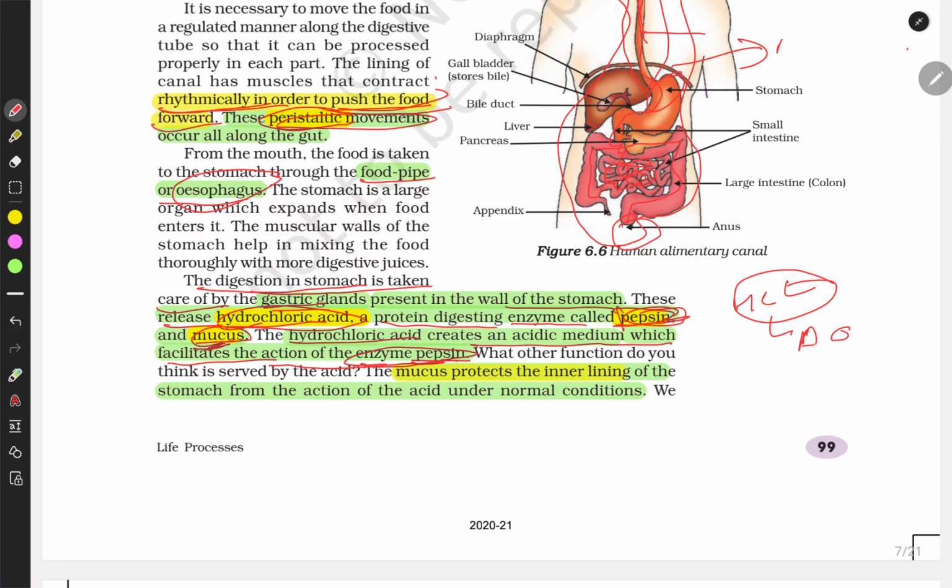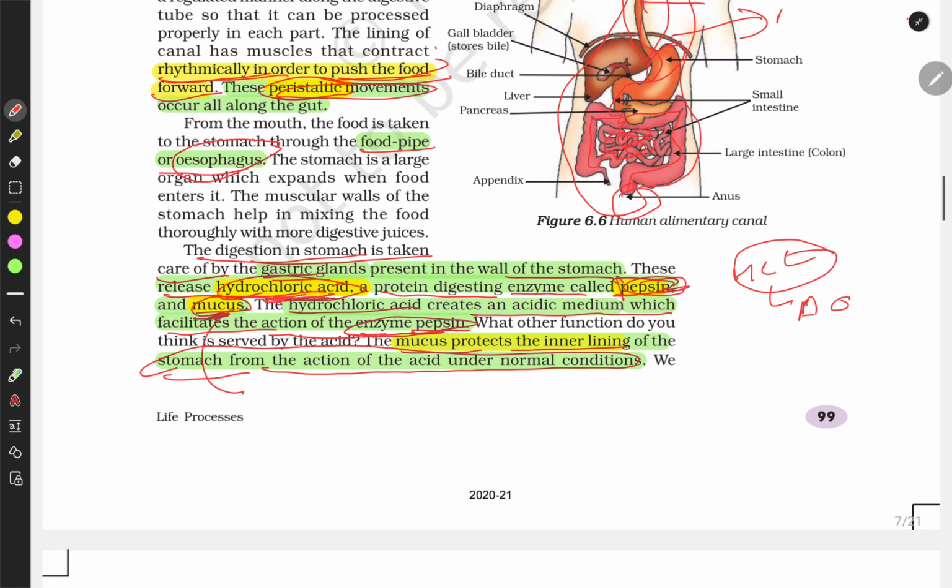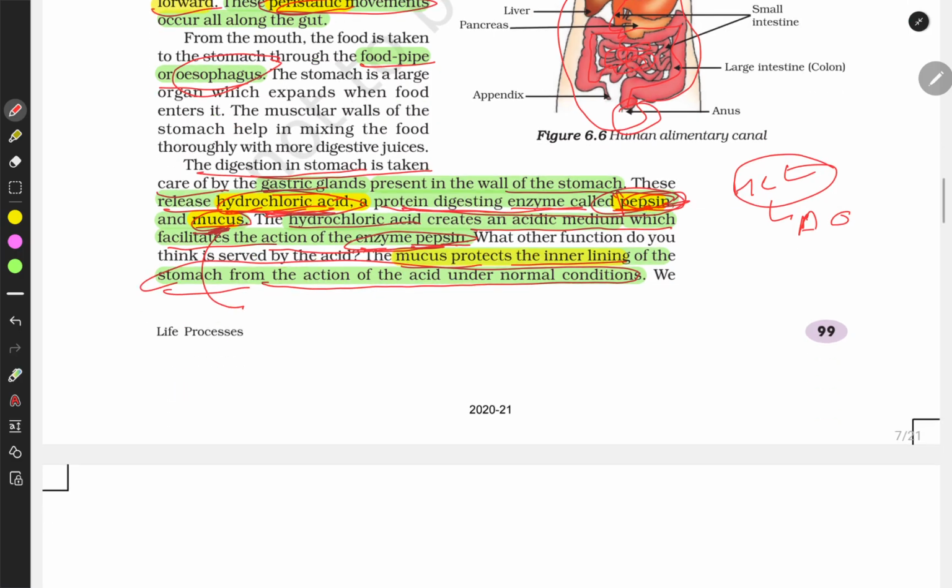And what does mucus do? Mucus protects the inner lining of the stomach from the action of the acid under normal conditions. So this is for protecting the stomach lining, this is for making the food acidic, and this pepsin is for digesting protein.